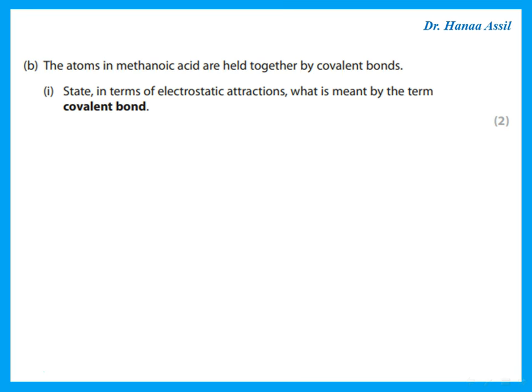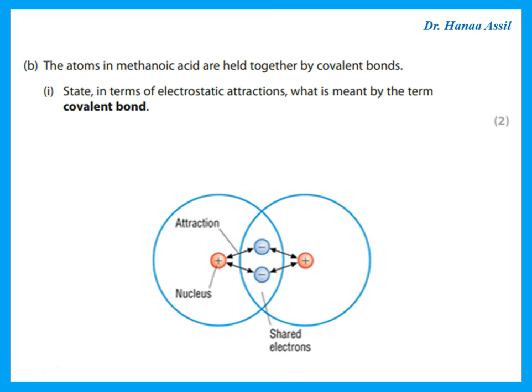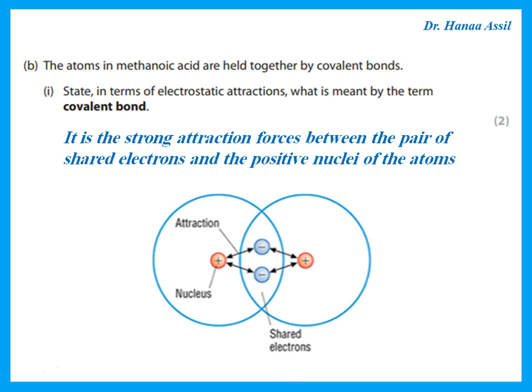Okay? The atoms in methanoic acid are held together by covalent bonds. State in terms of electrostatic attractions what is meant by the term covalent bond. Remember that in a covalent bond we're sharing electrons. So what is the covalent bond? Or sometimes he says how are the atoms attached together or held together?